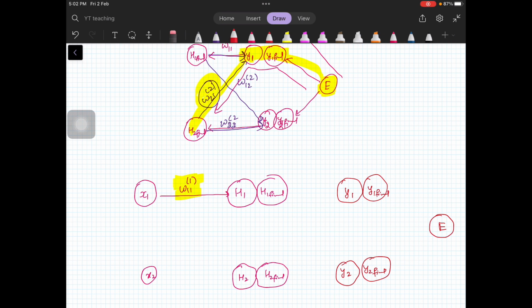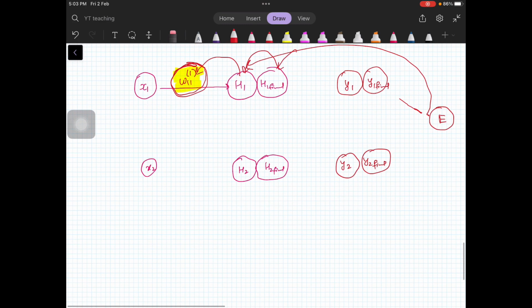Now you see how this weight is coming into the picture. What are the dependencies of this weight? So if you look at this, we have to go like this from here to here, right? So you have to do E with respect to, right? Suppose I want to differentiate E with respect to H1 final, and then H1 final with respect to H1, and then H1 with respect to this W111.